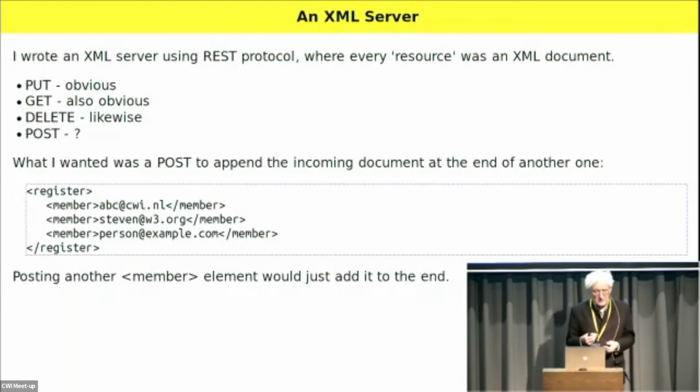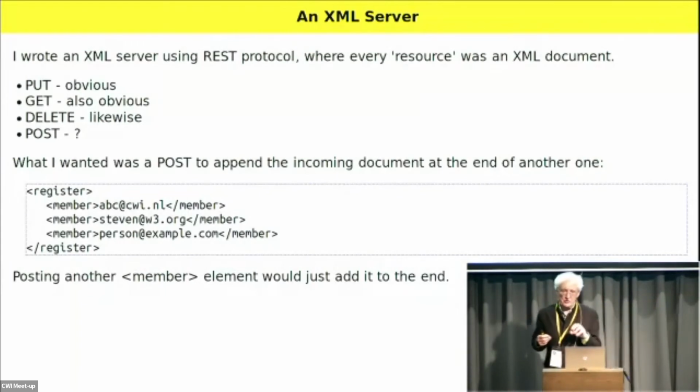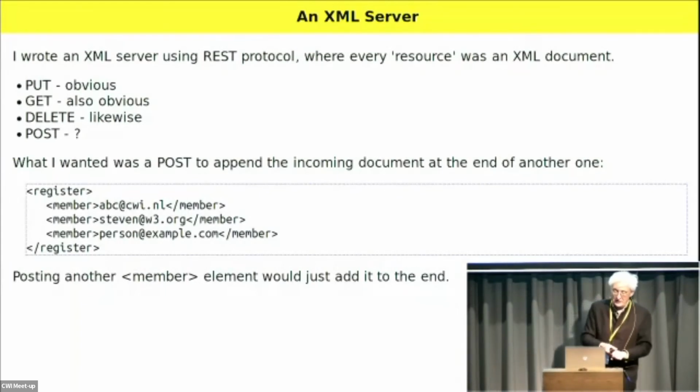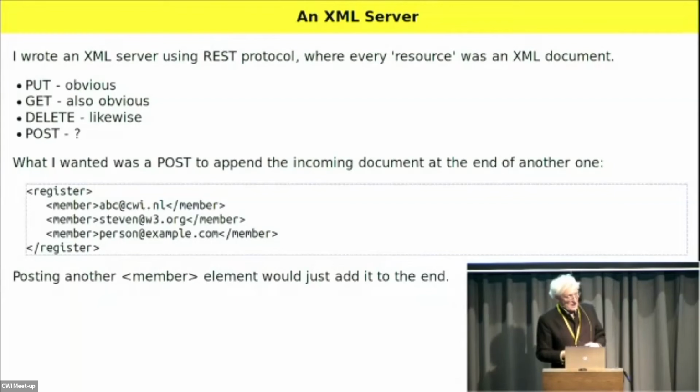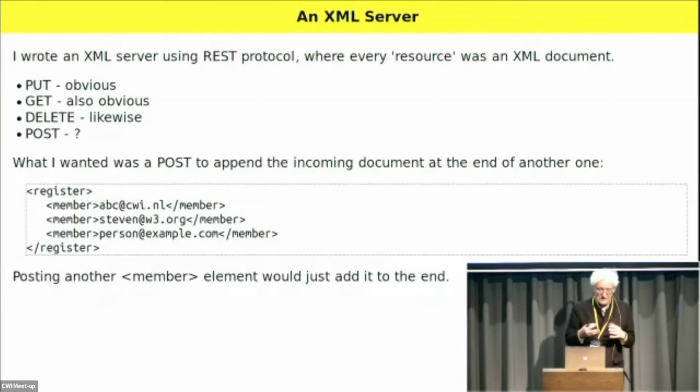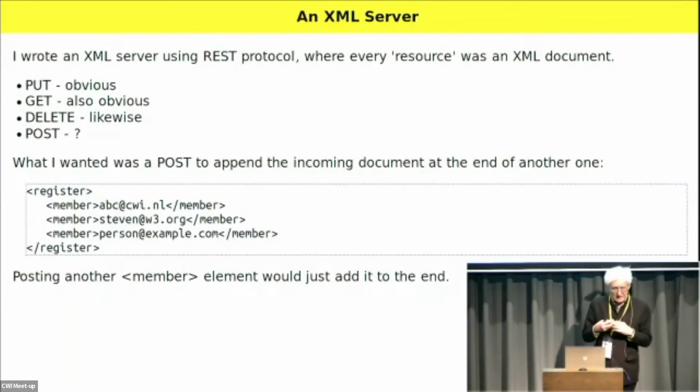For instance, you put an XML document, and then that just got put in a file. It was obvious how that would work. Delete was also obvious, but when I came to post, it wasn't exactly obvious. What I wanted to do was append the incoming document at the end of another one.